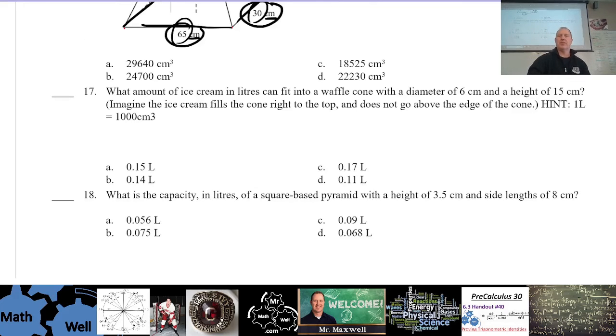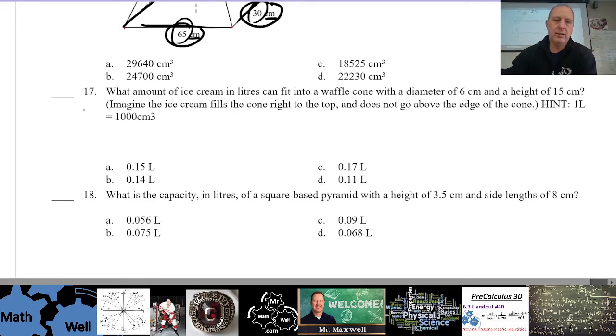Let me talk about 17. On an assignment that you guys just had, I noticed you had asked me about this question. So let's talk about the connection between centimeters cubed and liters, okay? Now this is important. 1 liter is 1,000 centimeters cubed, okay?